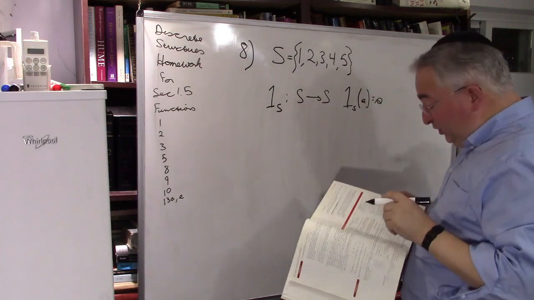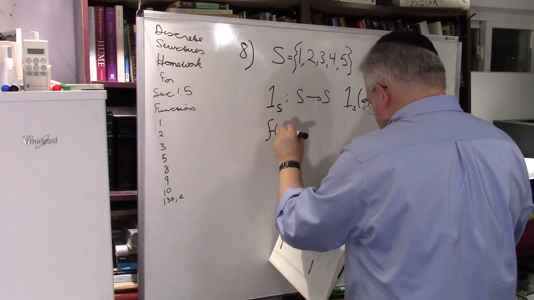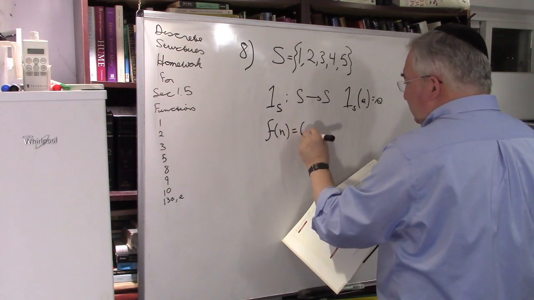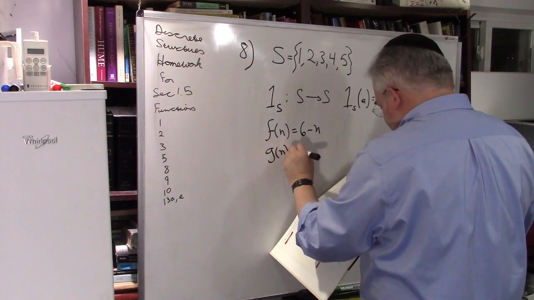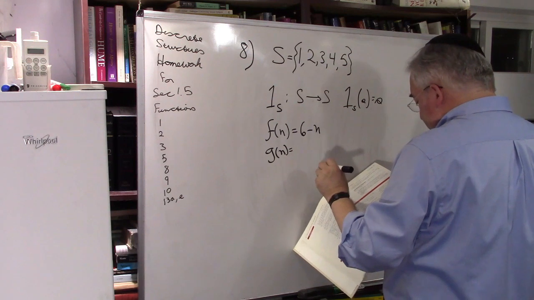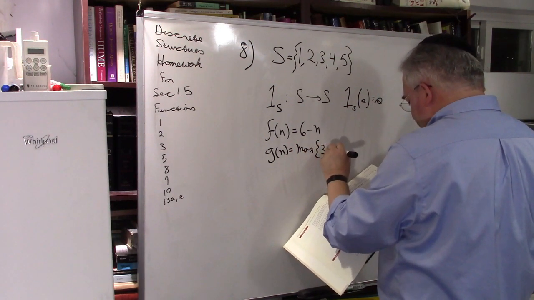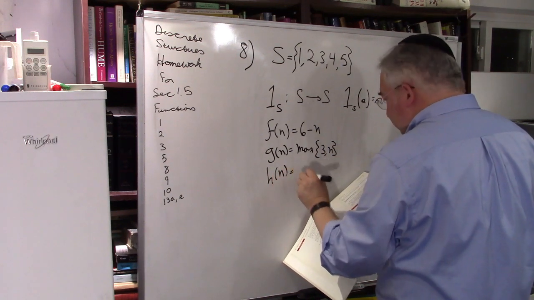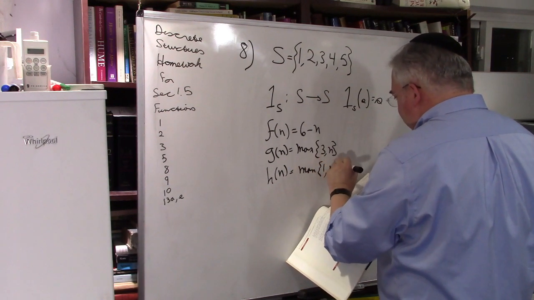That's that stupid function that outputs exactly what you input. F of n is also from S to S, and it's equal to 6 minus n. G of n is equal to max of 3, n. H of n is equal to max of 1, n minus 1.